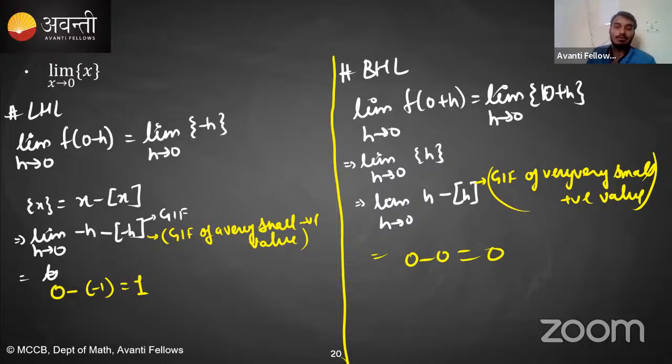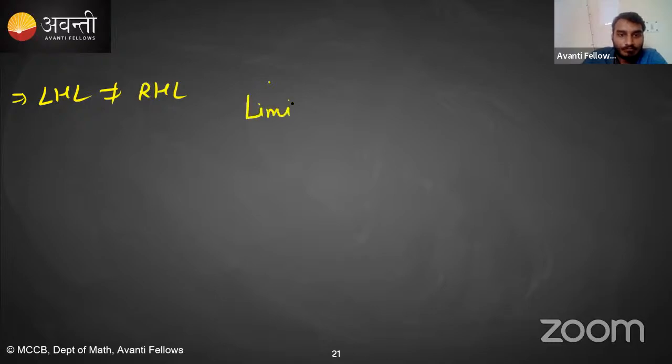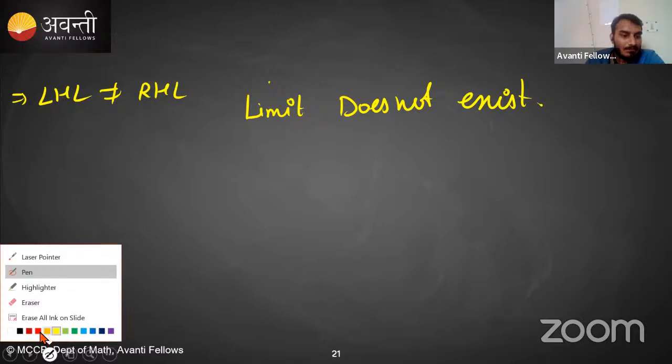So it means left hand limit and right hand limits are not equal. So it means limit does not exist. Is this clear, Sagar?